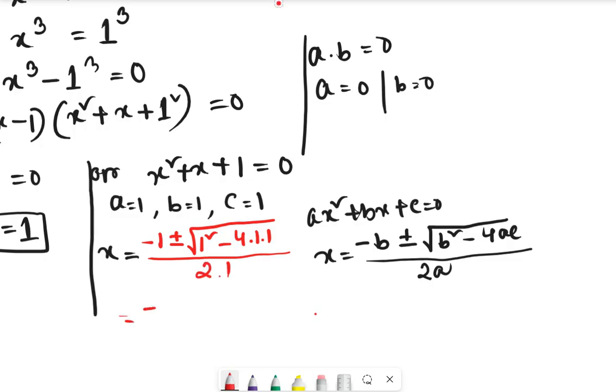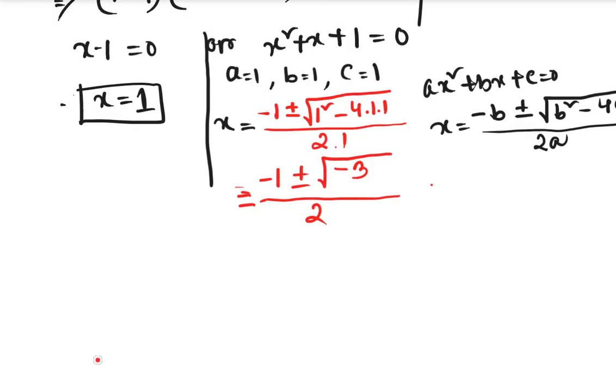So we can write minus 1 plus or minus the square root of 1 squared minus 4. So we can write the square root of minus 3, which is actually a complex format, over 2. So the value of x is actually a complex term. We can simplify that: minus 1 plus or minus, we know the square root of minus 1 equals i, the complex term.